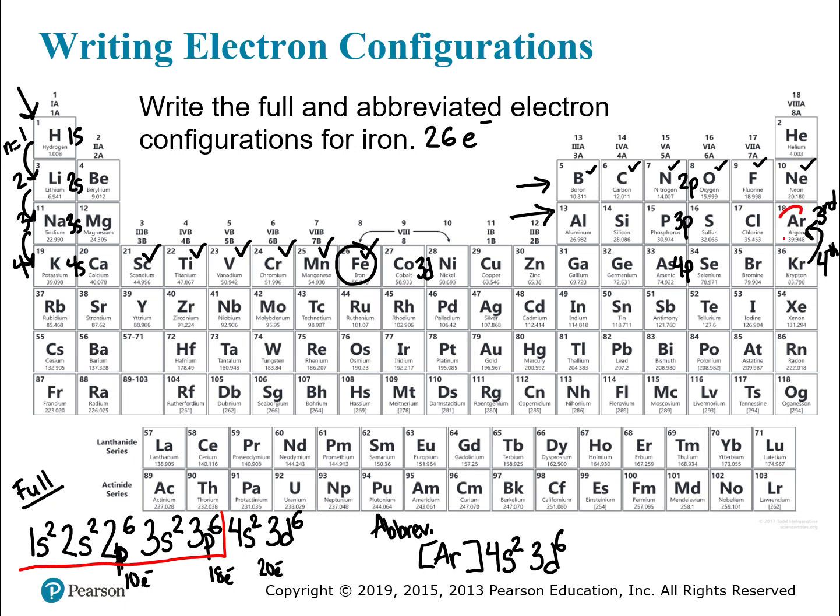So argon is here and iron is here. You have to fill in everything in between. So if we were doing zinc, it would still be argon for the core and 4s2, but instead it would be 3d10. Does that follow?